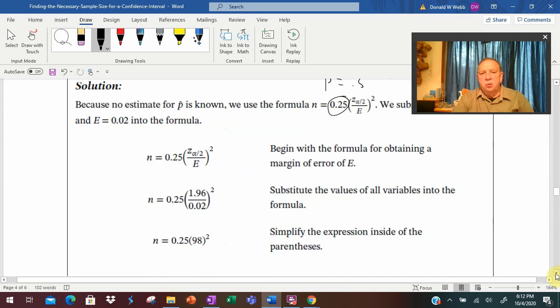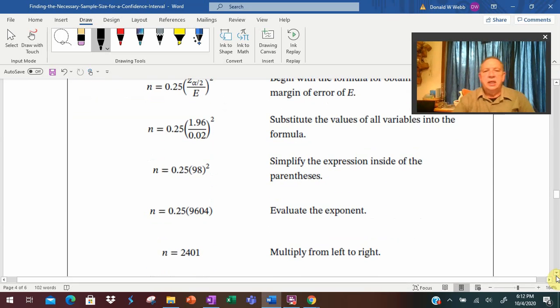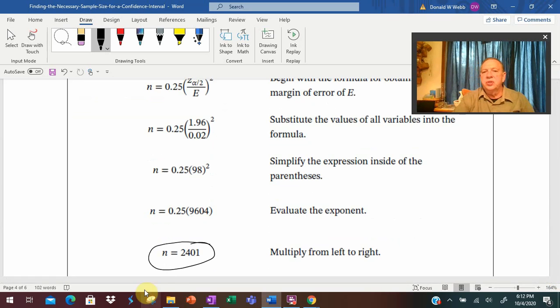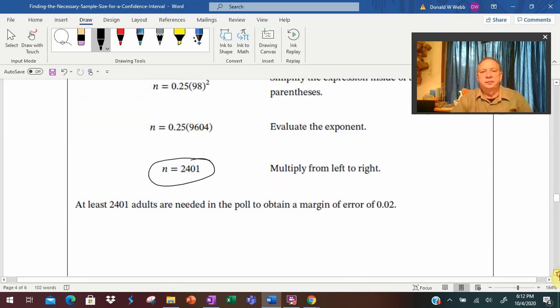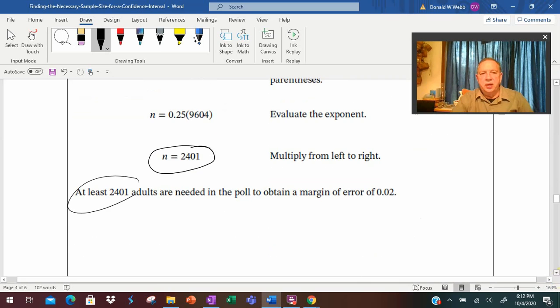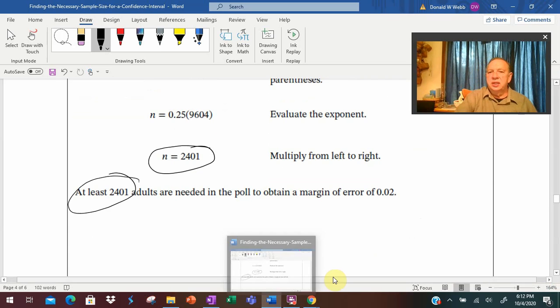Again, the Z alpha over 2, 1.96, over 0.02. That's 98, and we're going to square that. Gives us 9,604 times the 0.25, and that'll give us n is equal to 2,401. And no need to round up.